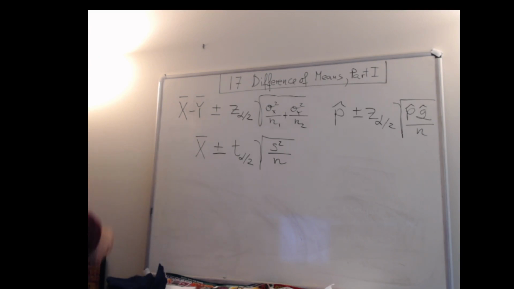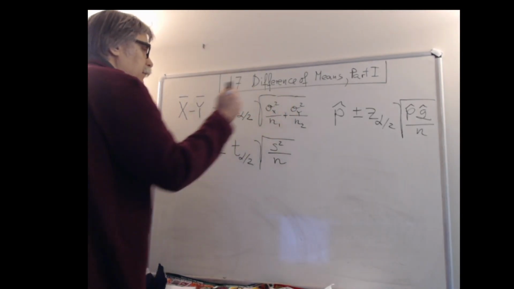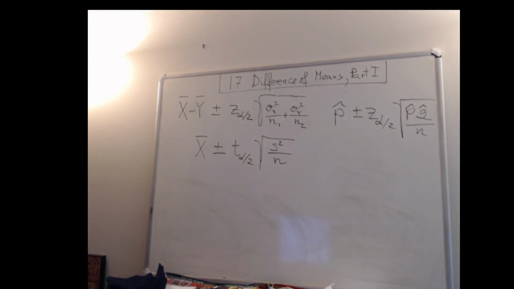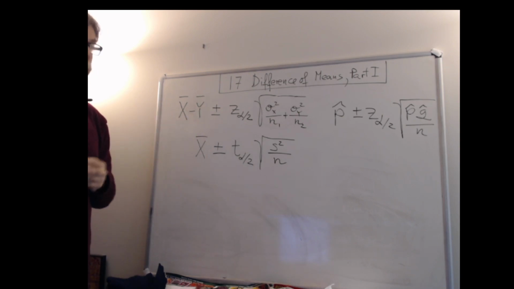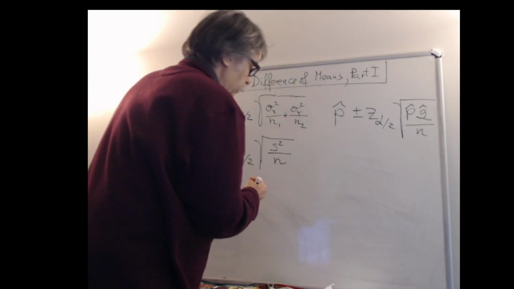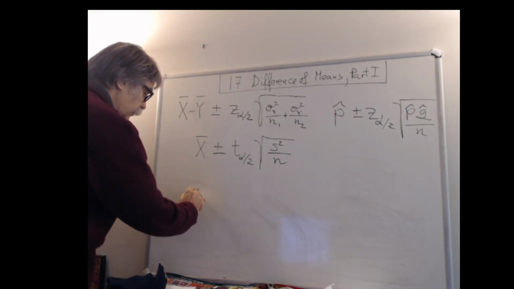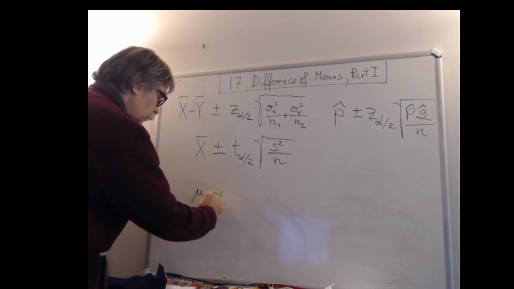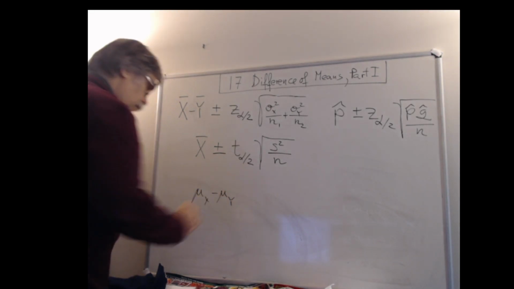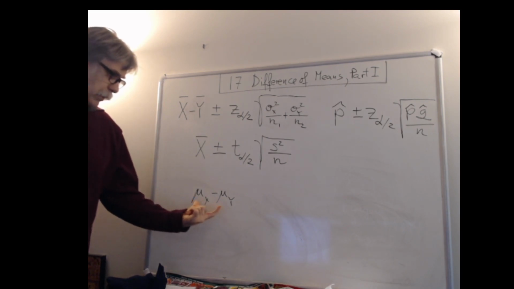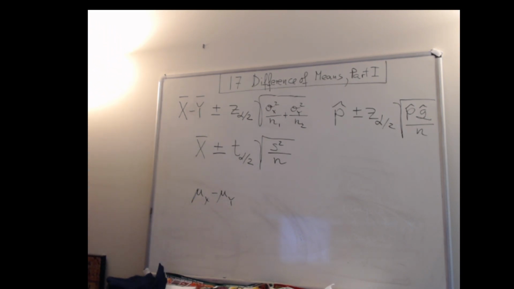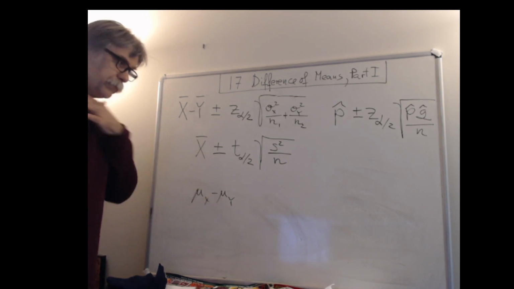So again, actually, I have a formula to estimate the difference of two population means. So again, in this particular case, I was trying to estimate the difference of two populations. Population means, I should say.